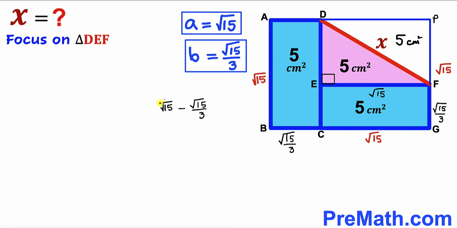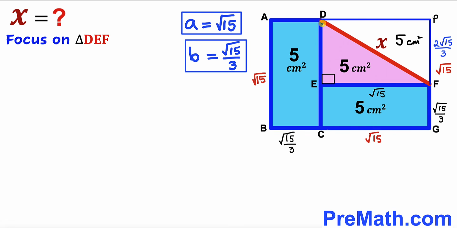Now we can see square root of 15 is in common, and we know 1 minus 1/3 is simply 2 divided by 3. So this whole thing turns out to be 2 times square root of 15 divided by 3. Therefore this segment FP length is going to be 2 times square root of 15 divided by 3.